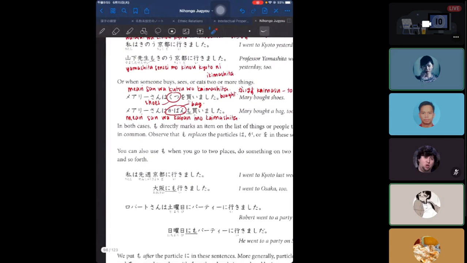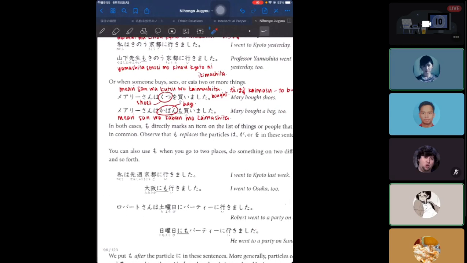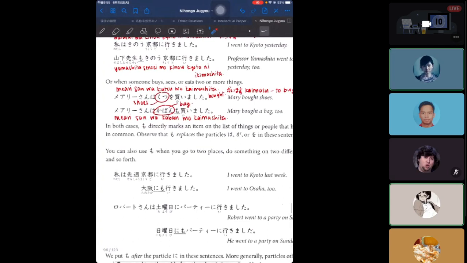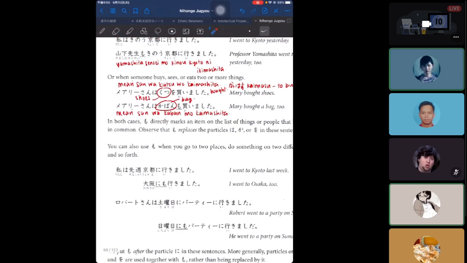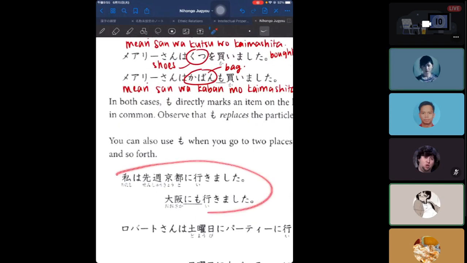And then the next one is where you want to say that they went to two different places, but the verb is the same, which is to go, or went in this case. So maybe this one, anyone wants to read?